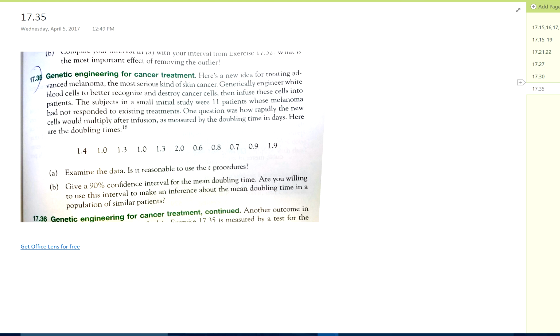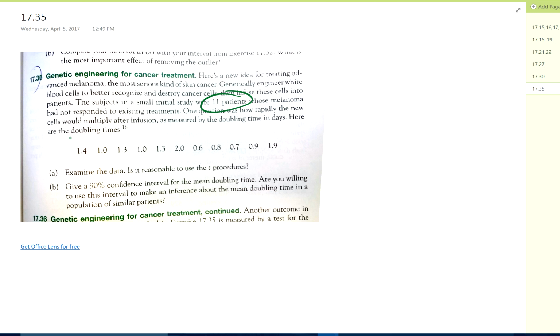735. Genetic engineering for cancer treatment. Here's a new idea for treating advanced melanomas, the most serious kind of skin cancer. Genetically engineer white blood cells to recognize and destroy cancer cells and infuse them into patients. There were 11 patients whose melanoma had not responded to existing treatments. The question is how rapidly the new cells would multiply after infusion, as measured by the doubling time in days.